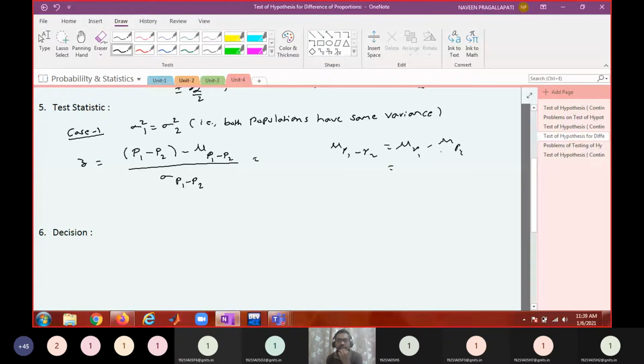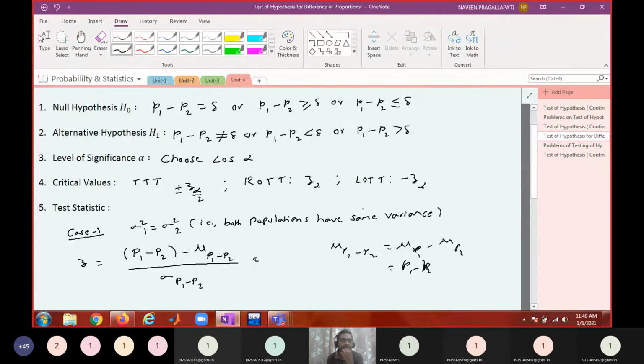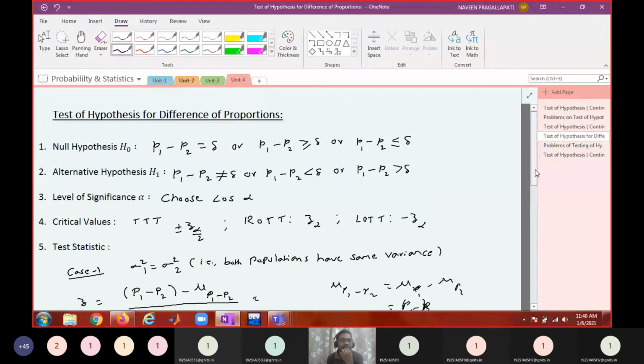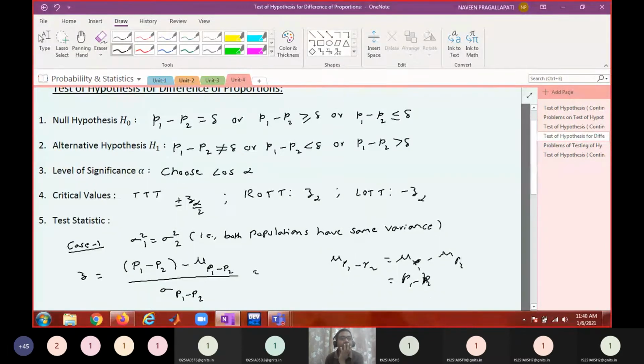And because this is an unbiased estimator, this will be the true population proportion of the first population minus the true population proportion of the second population, and if we are assuming this as 0, generally we apply this formula, case 1, where we assume both have the same variance.